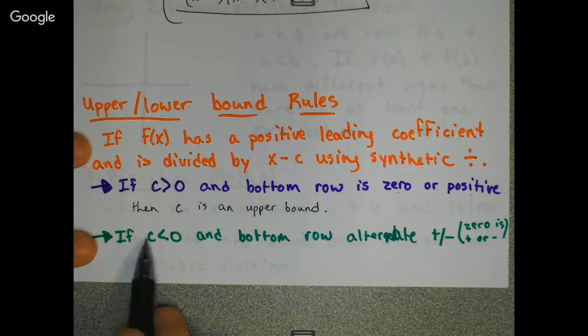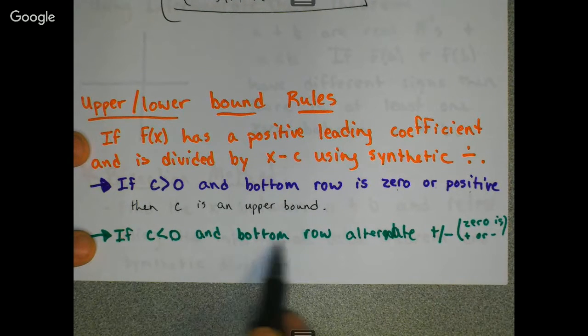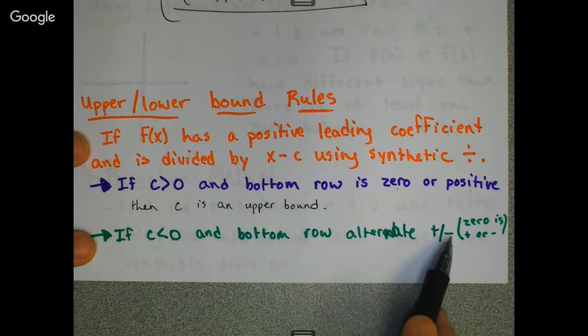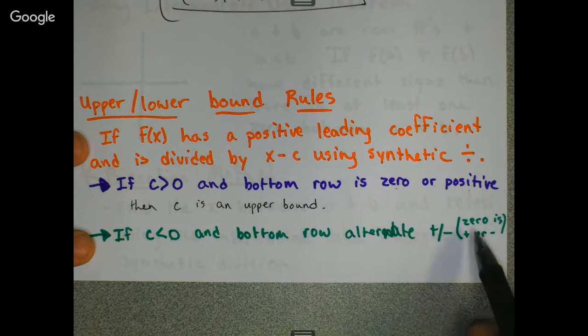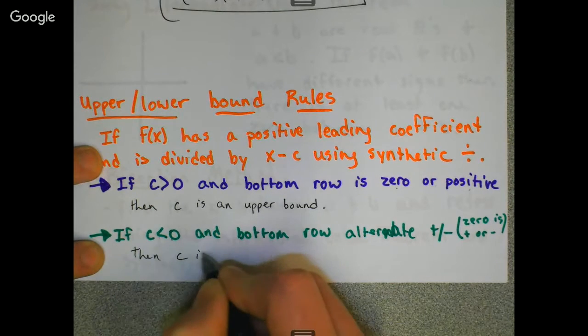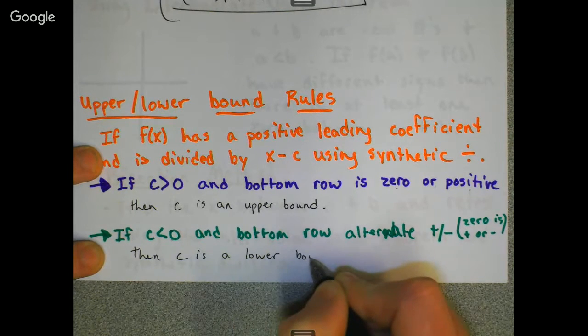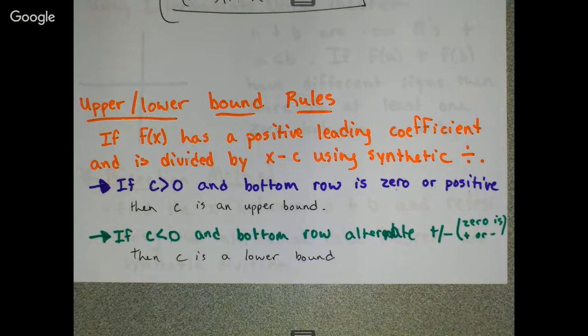If c is less than 0 and the bottom row alternates between positive and negative, and I note here that 0 can either be positive or negative, whichever one you want, then c is a lower bound of f. So then I need to pick a c higher.